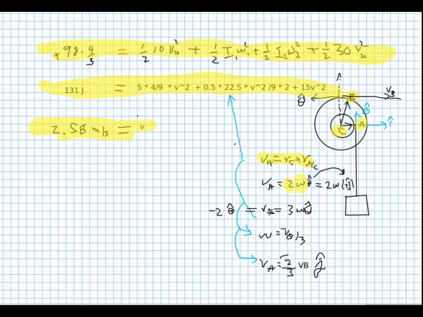So the velocity of point B is actually negative VB theta hat. And then if I set the negative VB equal to the 3 omega, I get omega is negative VB over 3, and plugging that into my equation for VA gives me this expression for VA.